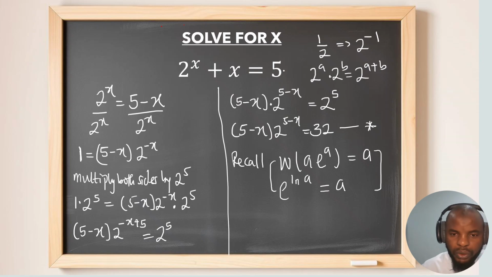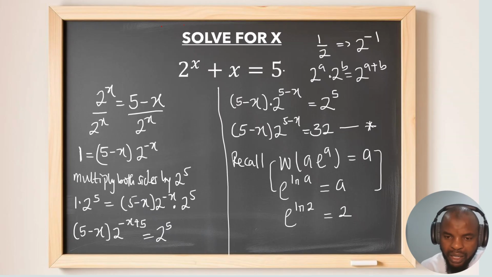Going back to my equation star, I can rewrite this equation star in the form of the Olympiad equation. And what am I going to do? Here, I'm having 2. So using this rule, that is, when I have e exponent ln 2, this is still going to be the same thing as 2. So I'm going to rewrite my 2 in this form. So here, I'm going to have 5 minus x, the exponent ln 2.